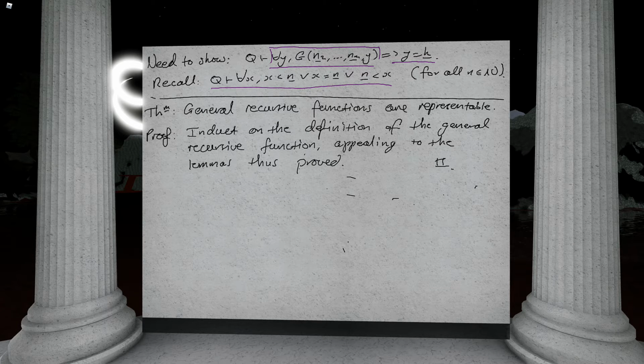Actually, yeah. Could you just overview what's the structure that we're doing an induction on? Like, what were the base cases? Oh yeah. So the point is that the definition of a general recursive function is you're either the zero function, the successor function, a projection, and then, well, I gave two definitions of general recursive functions, right?